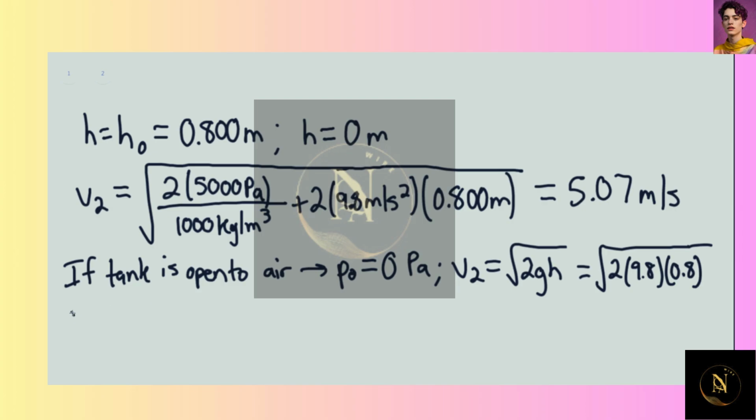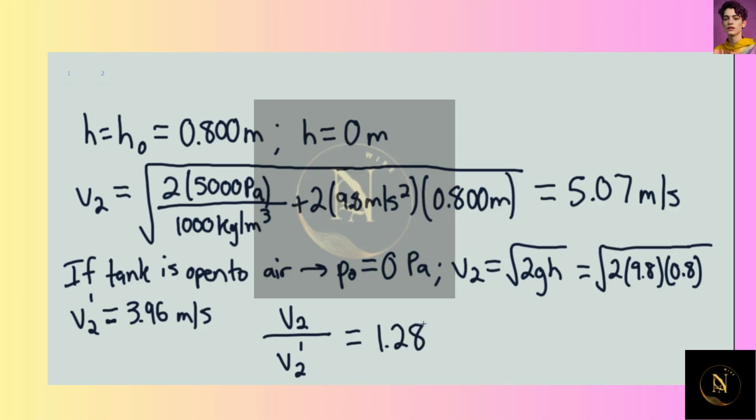This v sub 2 would then equal 3.96 meters per second. So essentially, the ratio, v sub 2 prime, so v sub 2 divided by v sub 2 prime, equals 1.28. This would be our answer for part A.